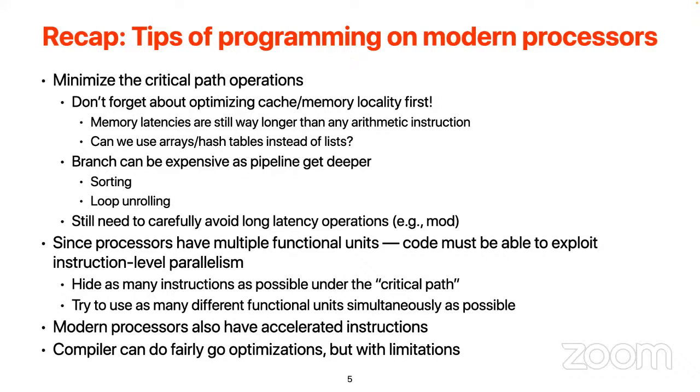Or, on the other hand, you can always think about whether there is a way to minimize this critical path operation. For example, a branch could take a lot of time. But as we mentioned, we can avoid those branch instructions. One good example is that we can avoid them through lookup tables, or through loop unrolling.